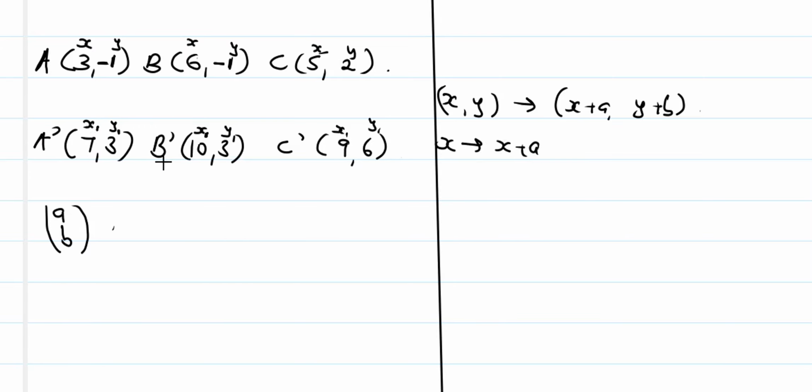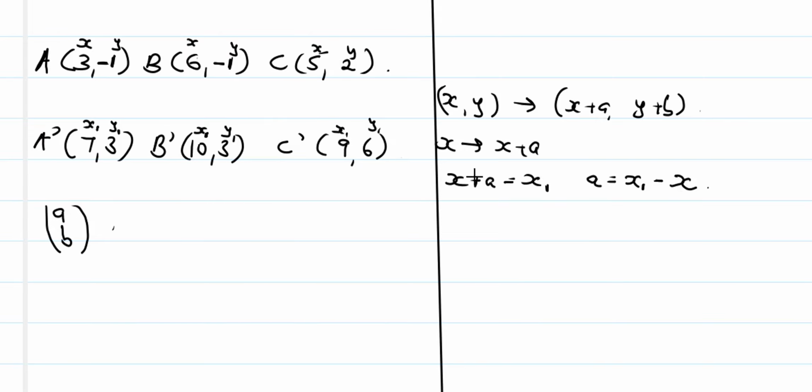So if we took x plus a to get this x1, then to get our a, we only need to take this x to the other side, so it becomes a is equal to x1 minus this original x. So we now have the formula for getting a, our translation factor.